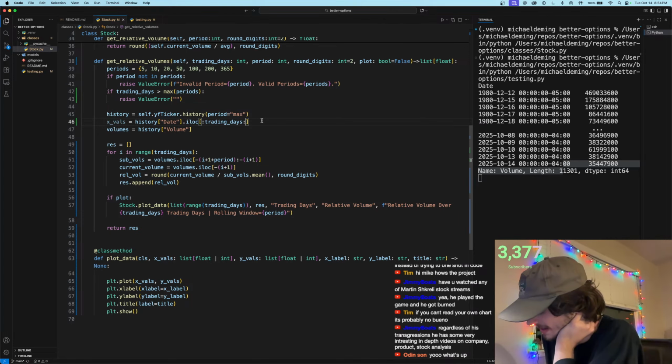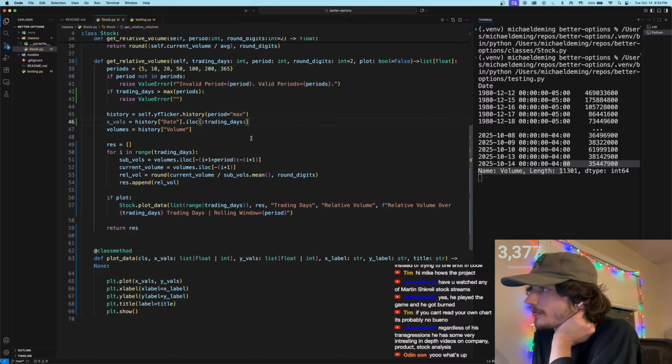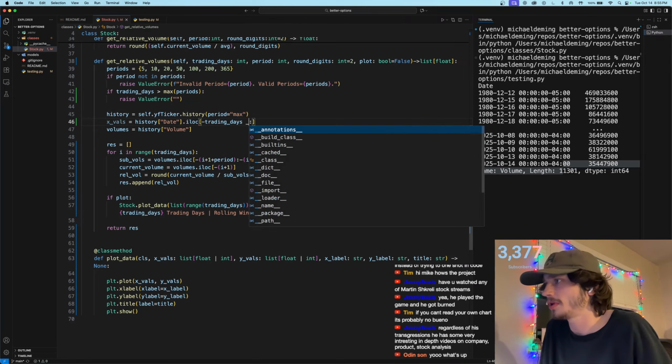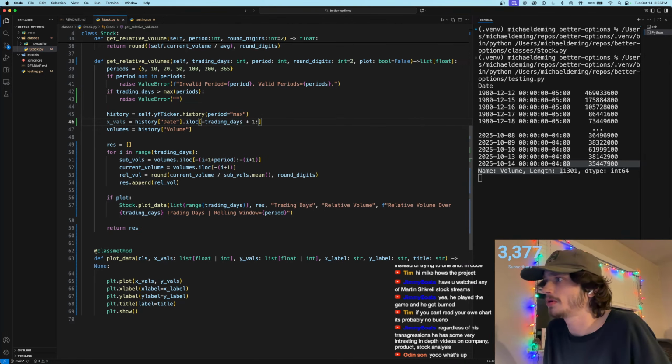I want to get the last. There's a -1 index, but no, I want to take a slice from the negative first value all the way up to the negative trading day value. So it'll be negative trading day plus 1. No, -1?